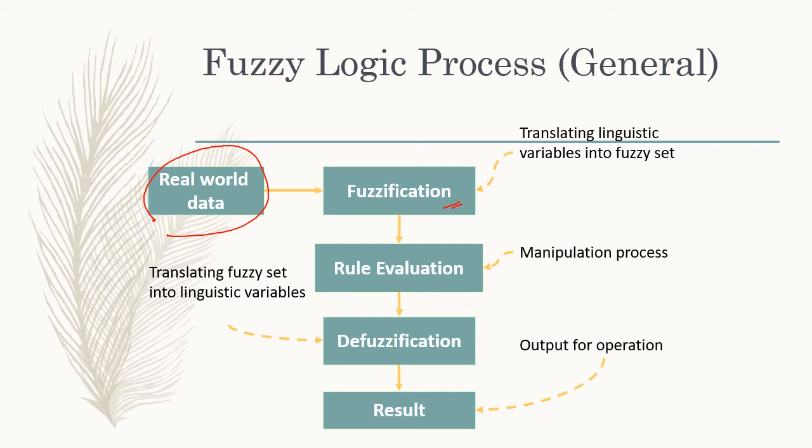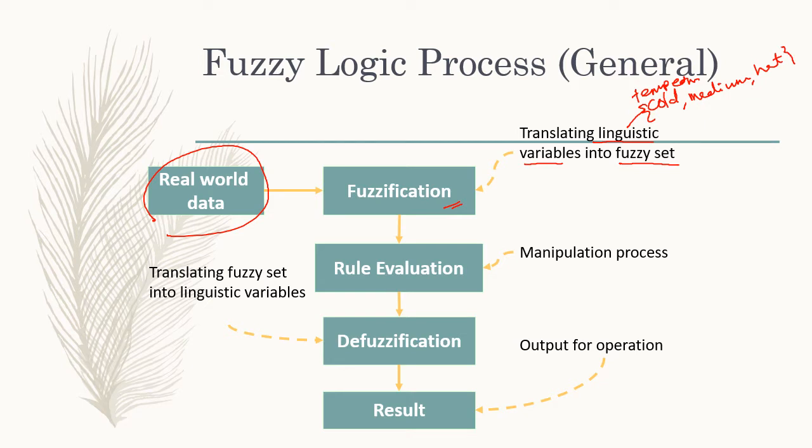What is the fuzzification process? Fuzzification is translating the linguistic variable into fuzzy set. If you still remember what a linguistic variable is, we have temperature, and temperature has values that are cold, medium, hot, and so on, right? Those are the linguistic variables.